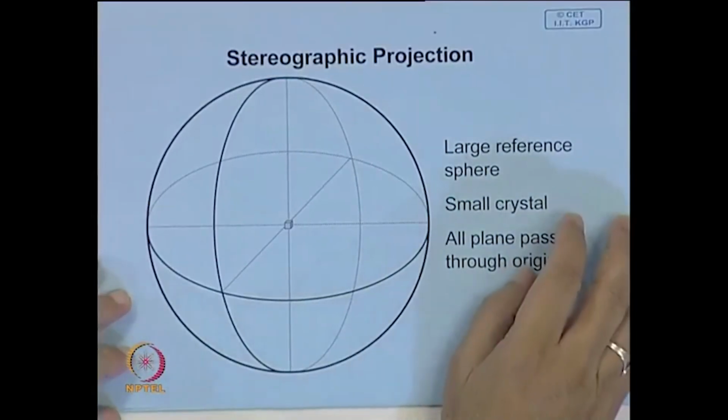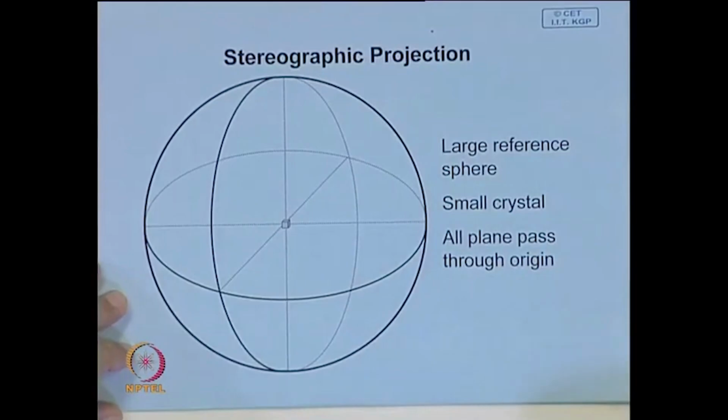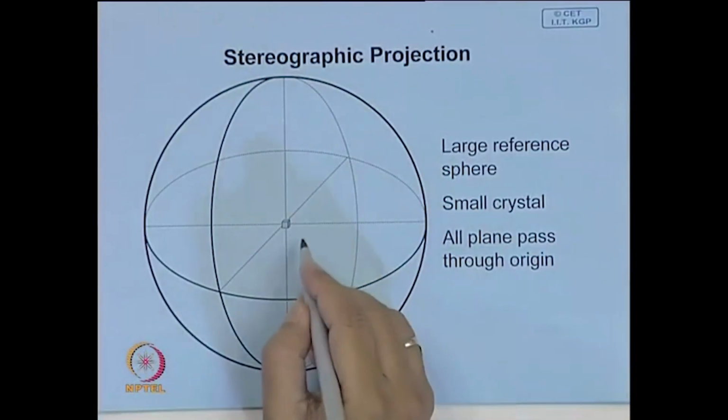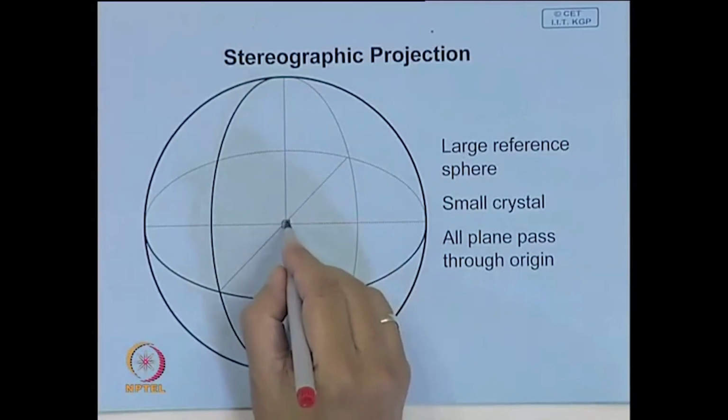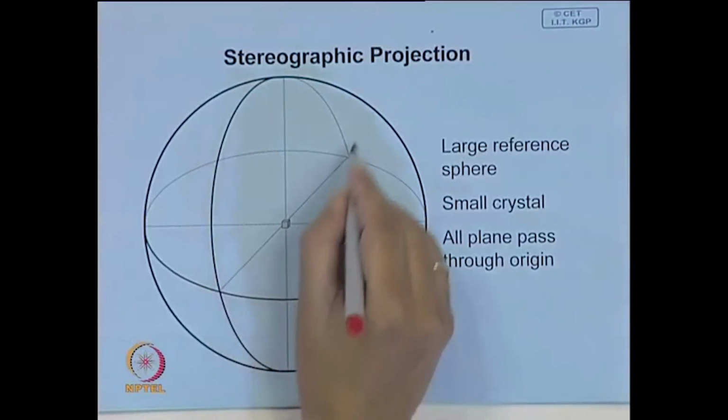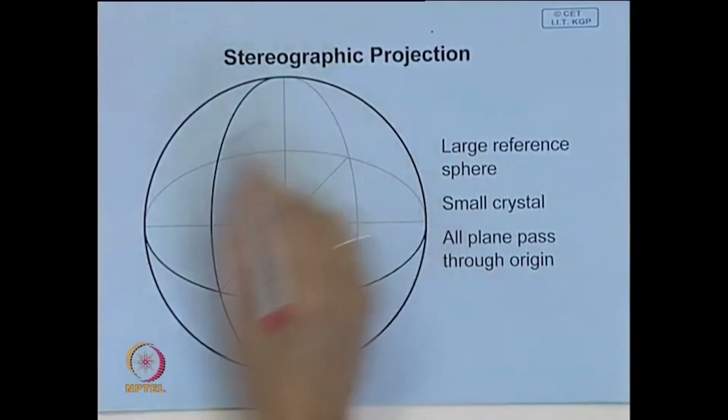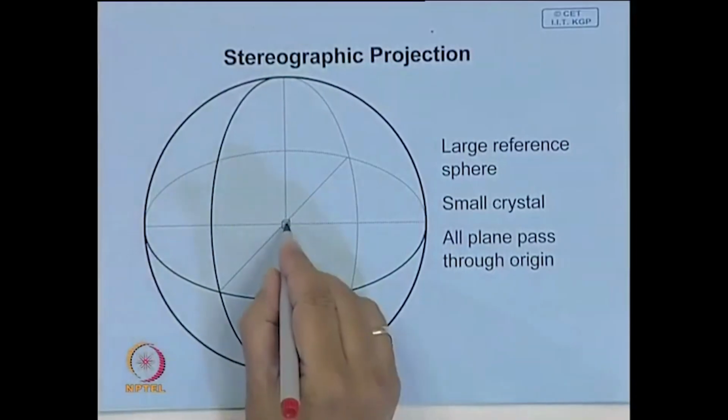Now, in crystallography, it is often more important to know the angles between different crystallographic directions. So you need a different kind of projection, and we call this projection stereographic projection, which is shown over here. You imagine that you have a small crystal, so small that it occupies the center of this reference sphere.